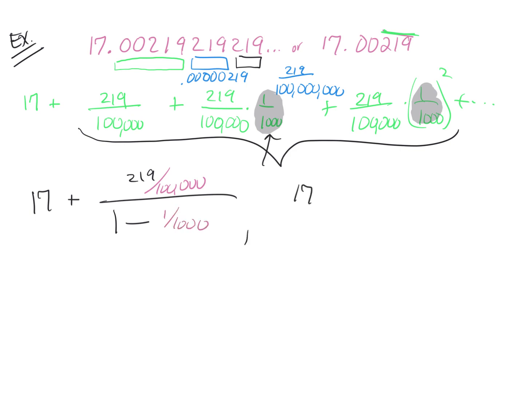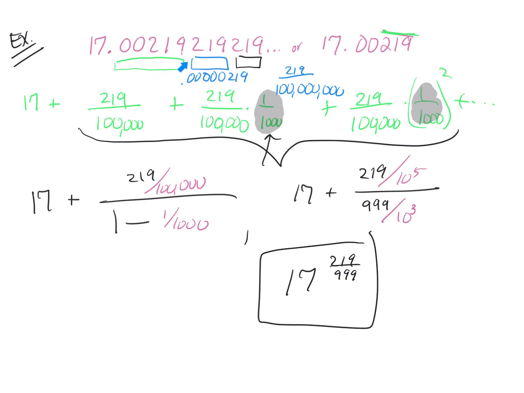So this is 17 plus 219 100,000s, and then this denominator will be 1,000 thousandths minus 1, so 999 thousandths. So our final answer, 17 and 219 999ths.